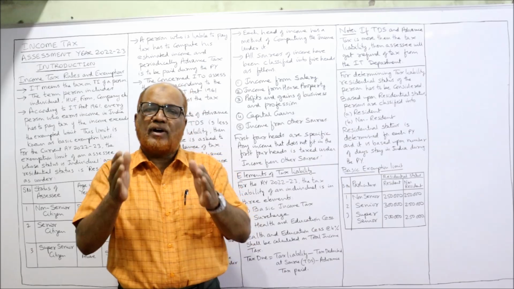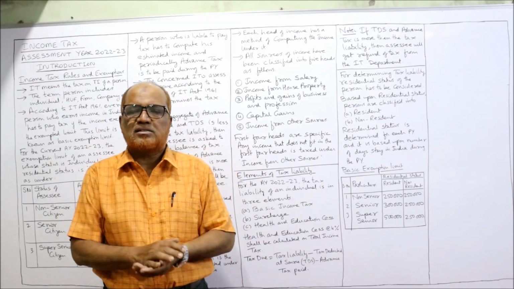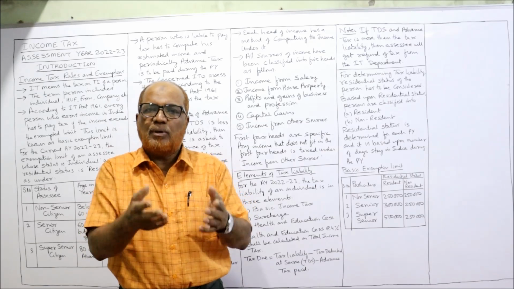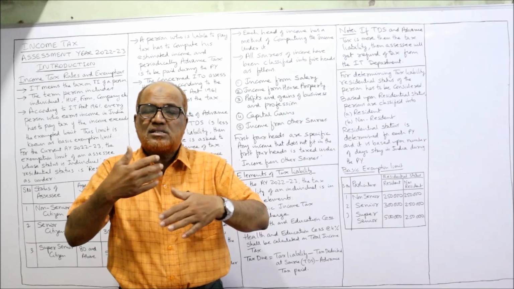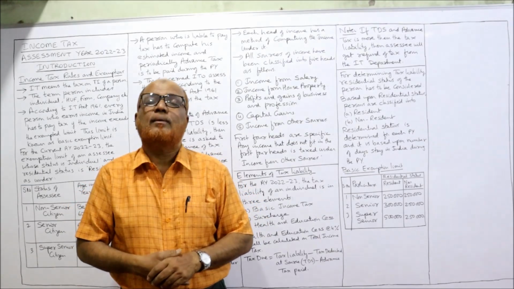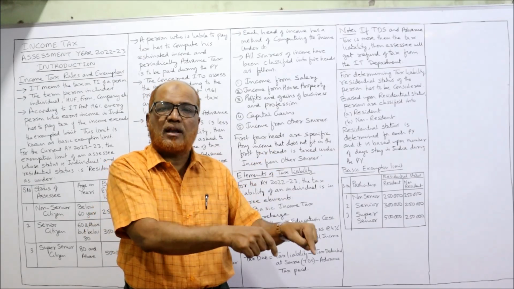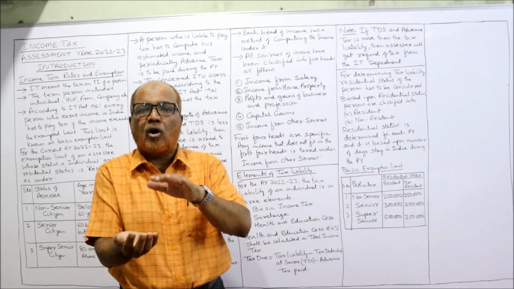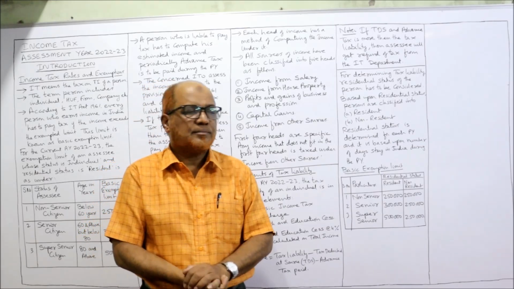It is not necessary that once a person is a resident, always he will be a resident. No. In one year he may be resident, in another year he may be non-resident. So the residential status may change from year to year. So we have to find out the residential status during the current previous year by seeing how many days he stayed on the land of India.